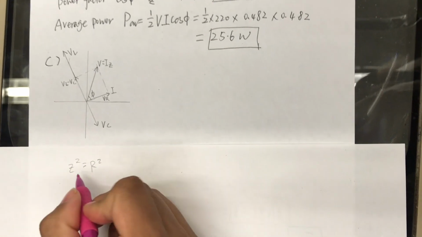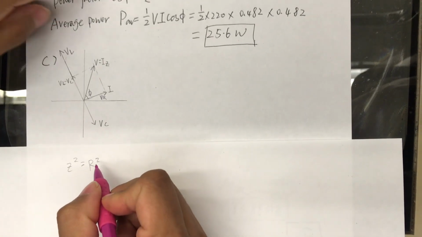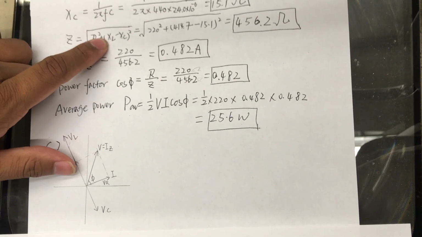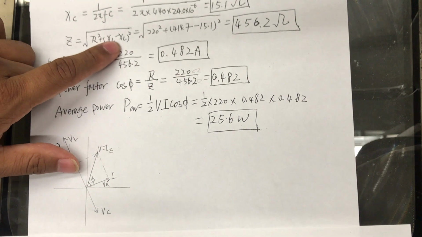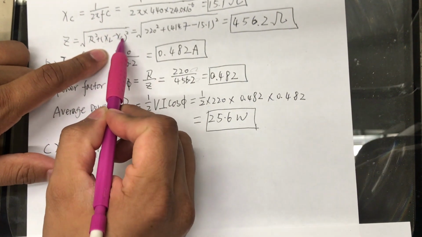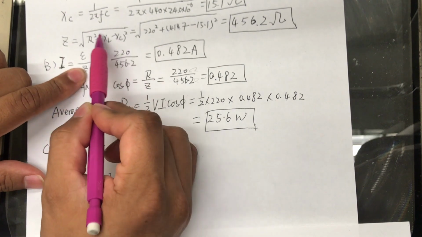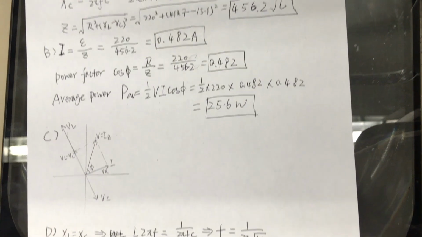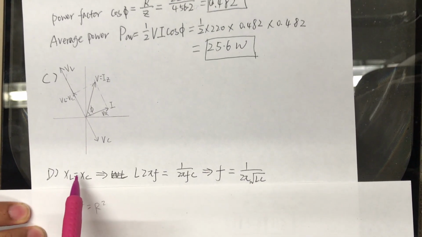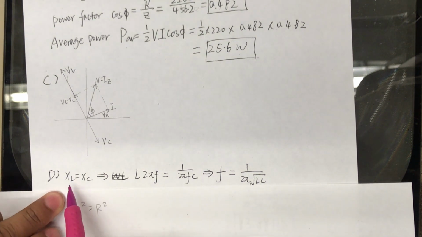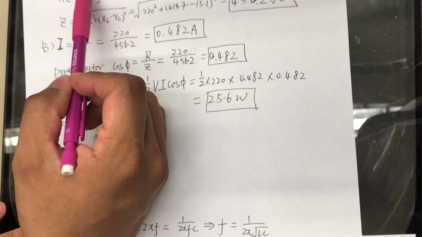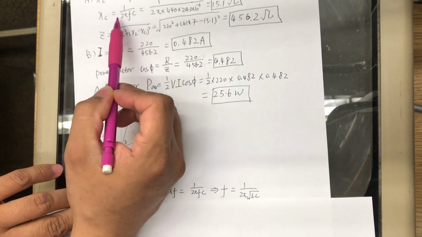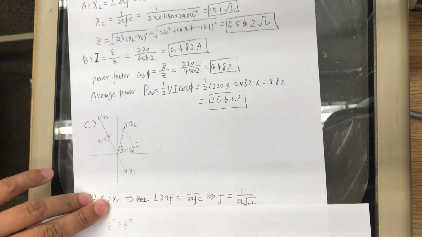But in order to have this, the inductive reactance X sub L must equal the capacitive reactance so that this difference equals 0. And if this difference equals 0, then the impedance will equal the resistance. The inductive reactance, as you can recall, is L 2 pi F, and the capacitive reactance is 1 over 2 pi F C.